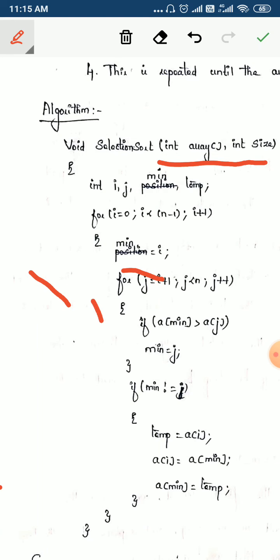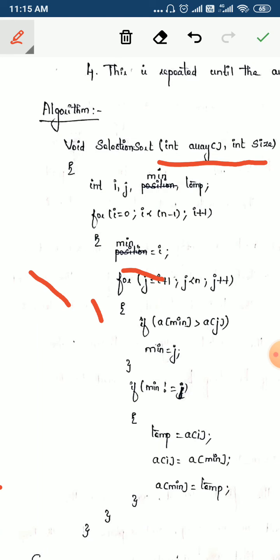And then I am going to set up my j loop, j equal to i plus 1. Our ith position value we consider as the minimum value, so from the next position onwards we are going to check. So I am considering my j value from i plus 1, j less than n, and j plus plus, right?